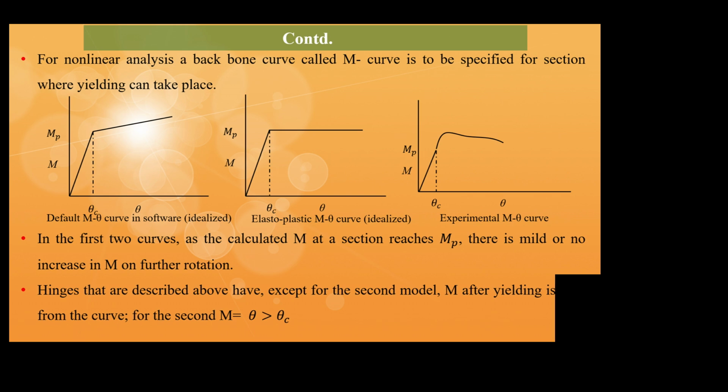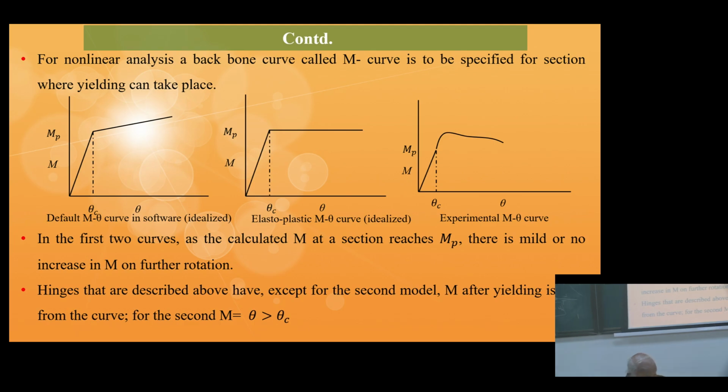Here, pushover analysis. As I told you, at some increment the system gets into the nonlinear range, where the moment at a cross section becomes equal to MP, and yielding takes place.